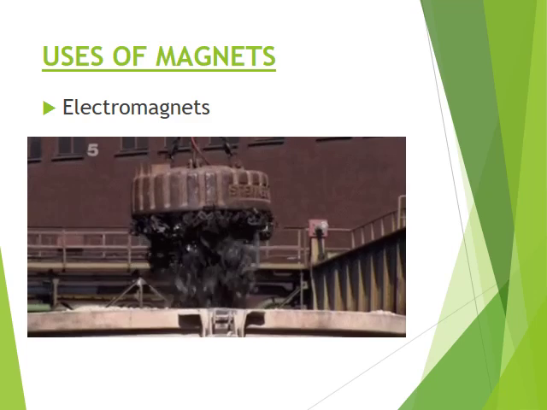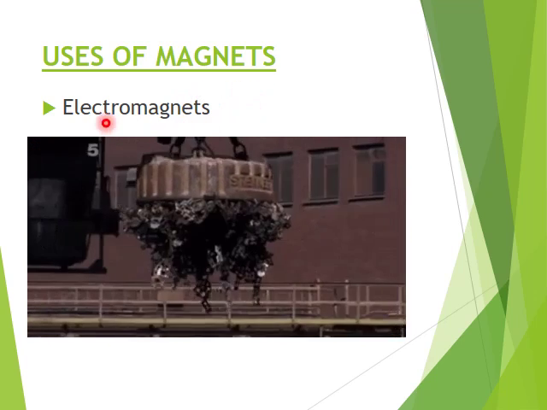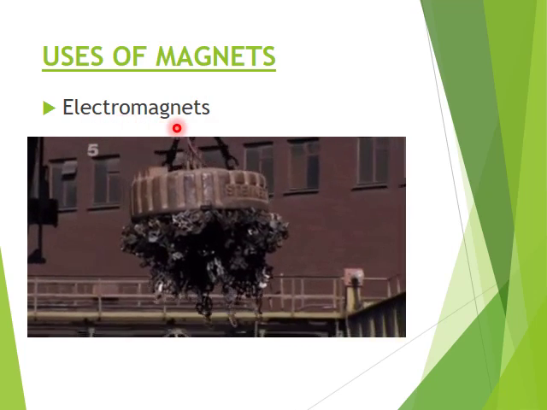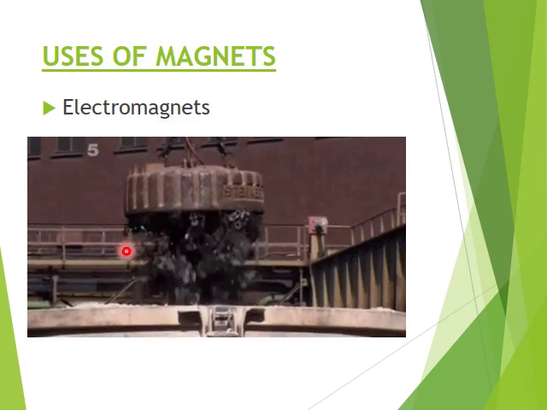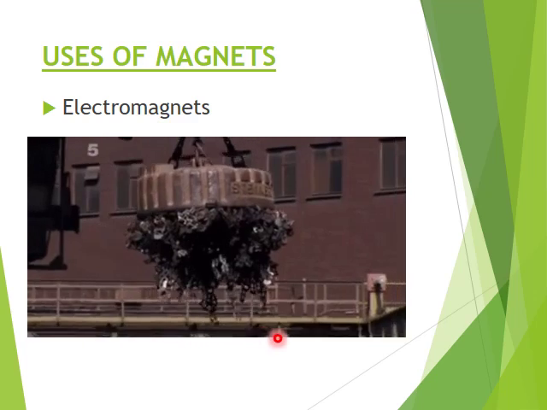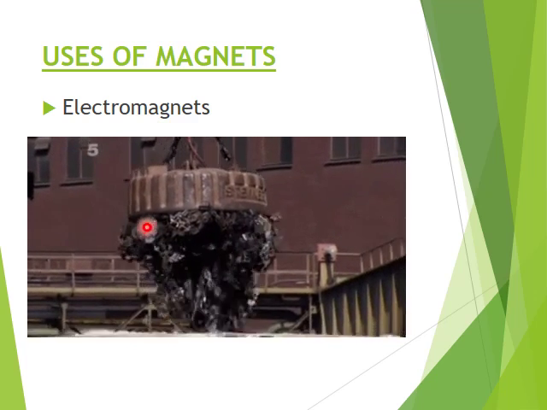My dear students, you can see here the uses of magnets. This use is the electromagnet. You see that the electromagnet is used to pick up iron scrap.